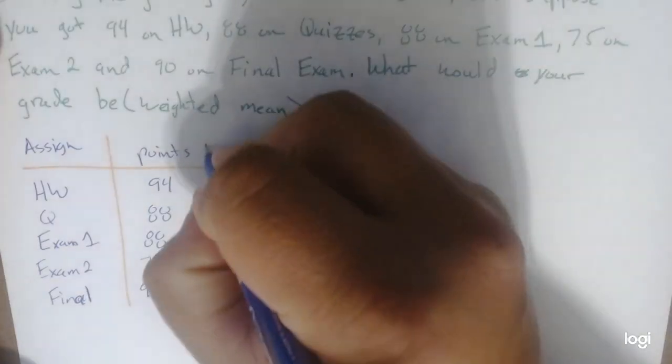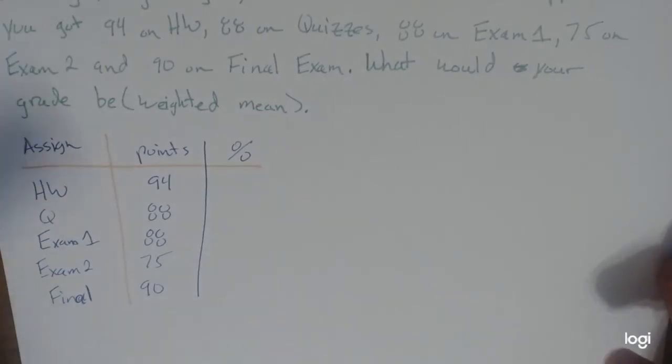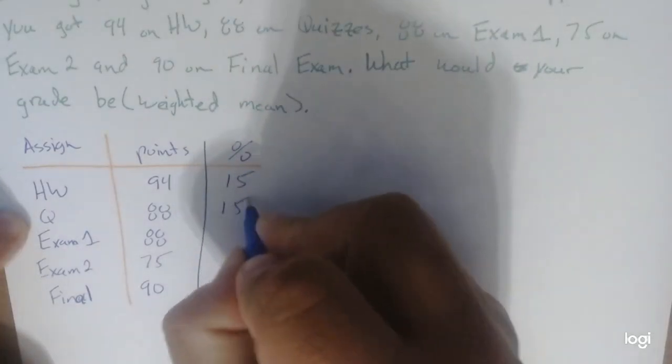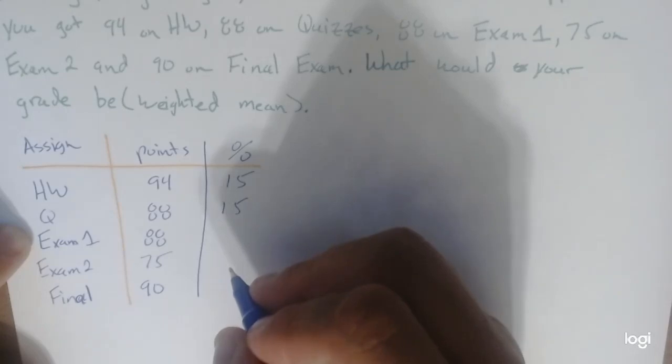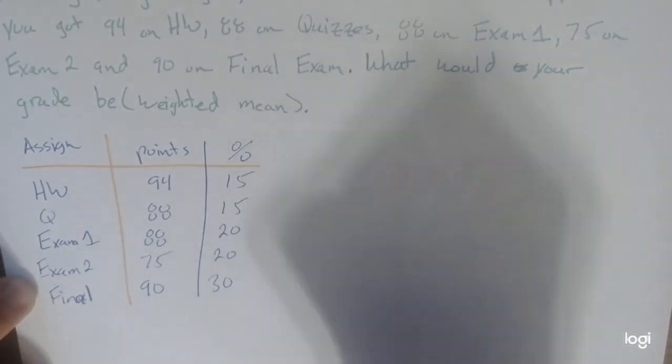If you look at our syllabus, I'll put percent, and you can see what the percentages are for each individual case. The percentage for homework is 15%, quizzes is also 15%, each exam is worth 20%, and the final is 30%.